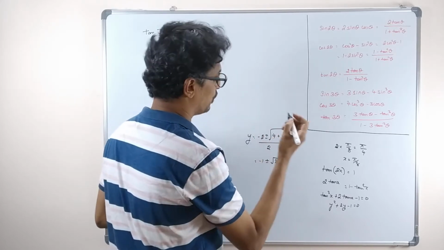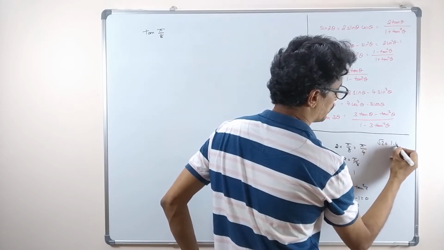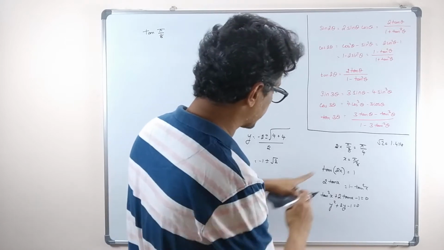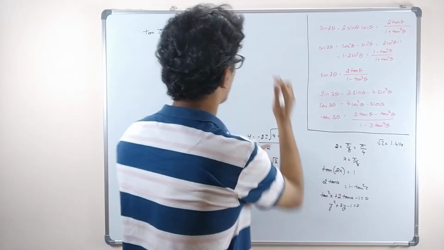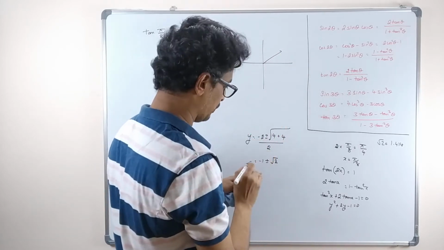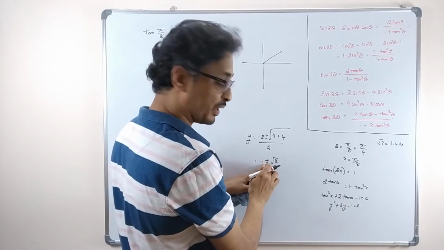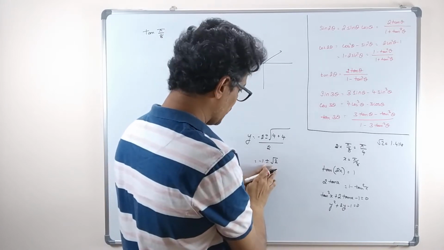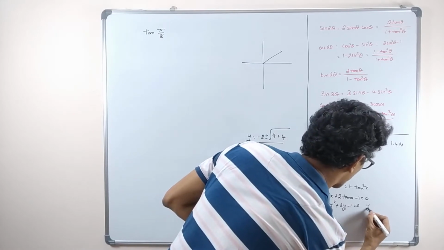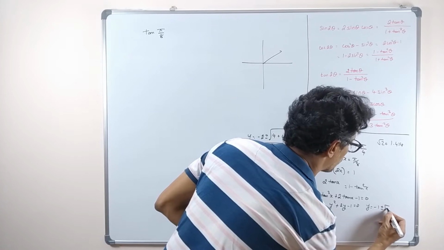Now you know the root of 2 value is typically 1.414. So what is our x? x is pi by 8. Pi by 8 falls in the first quadrant, so everything has to be positive. If it were negative, this would be negative. So y will be minus 1 plus or minus root of 2.